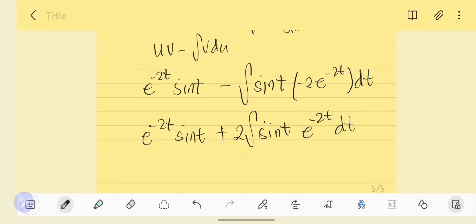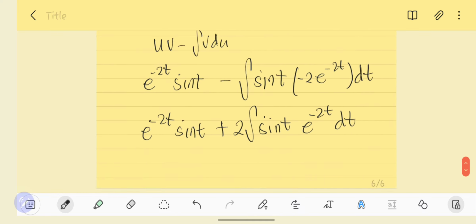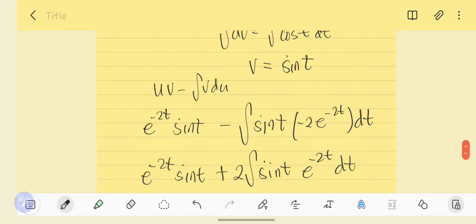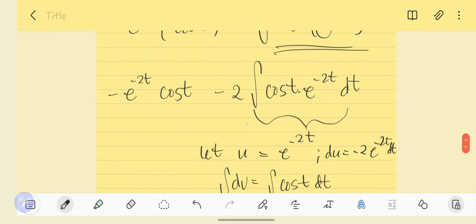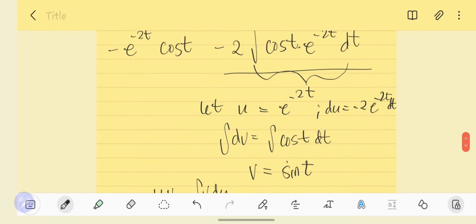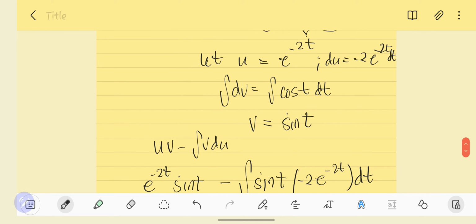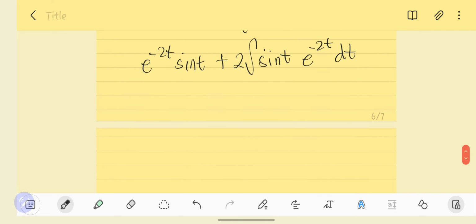So that was your integration of the cosine. We will now plug that in.